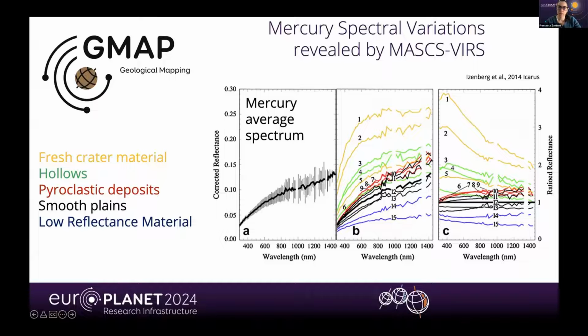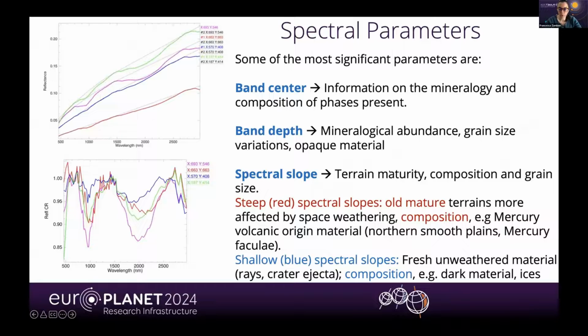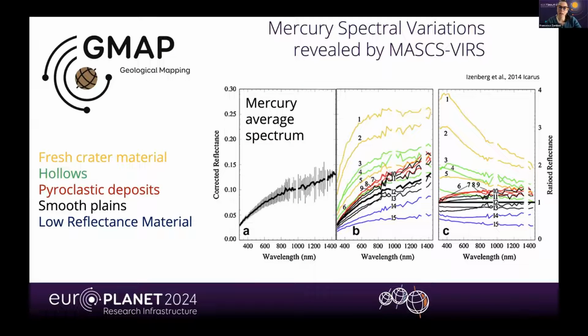So you just divided the spectra in panel B by the average spectrum shown in panel A. And in this case, you remove the reflectance effect, and you can better see the real spectral variations, which are mainly based on, in this case, spectral slopes.